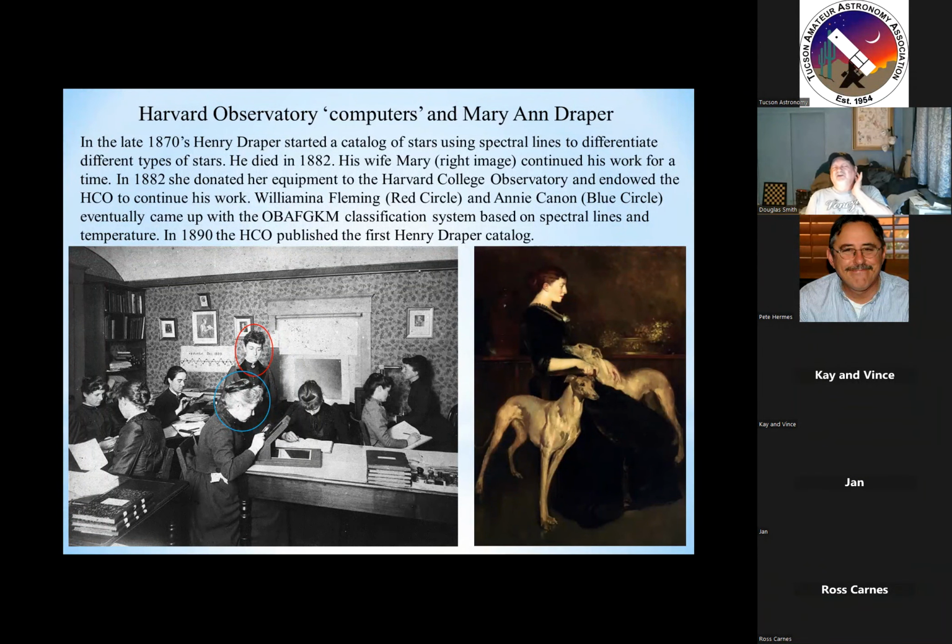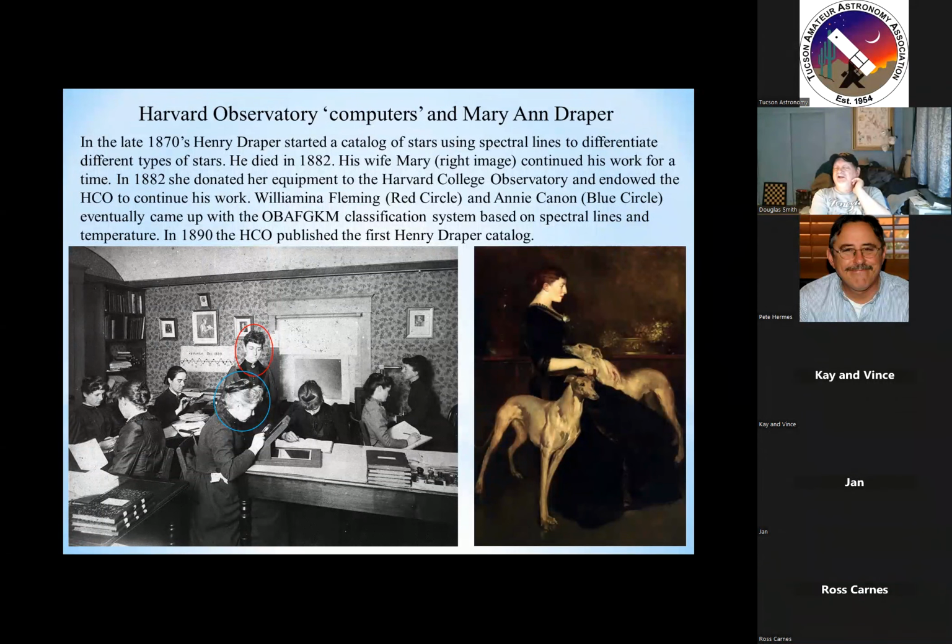But later that year, she basically donated all her equipment to the Harvard College Observatory, and endowed the Harvard College Observatory to continue his work. Two ladies in particular in this picture down here on the left, Wilhelmina Fleming, who is in the red circle, and Annie Cannon, who is in the blue circle, worked on this Draper catalog for a number of years.